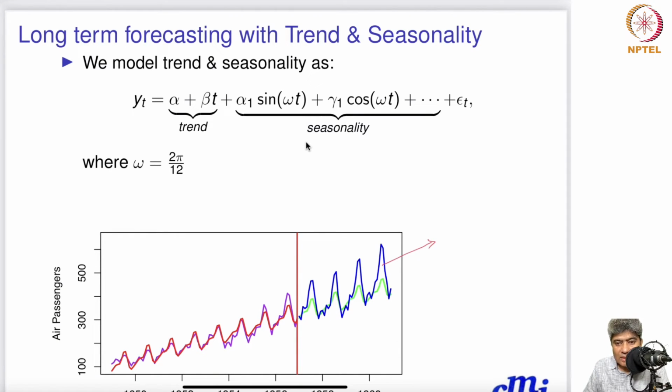It picks up the seasonality, but it clearly misses all the peaks of the summer.